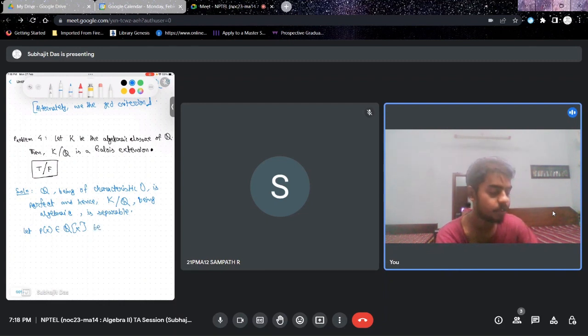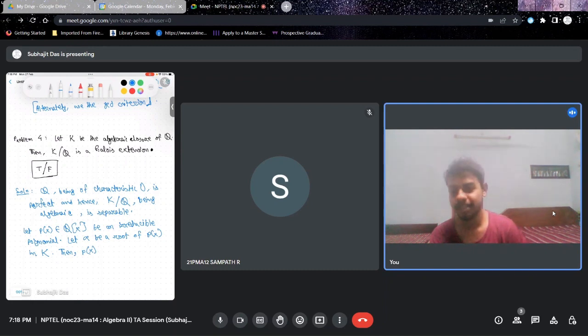Now let p(x) in Q[x] be an irreducible polynomial over the base field, and let alpha be a root of p(x) in the extension K. To check for normality, you need to show that p(x) must have all its roots in the extension.